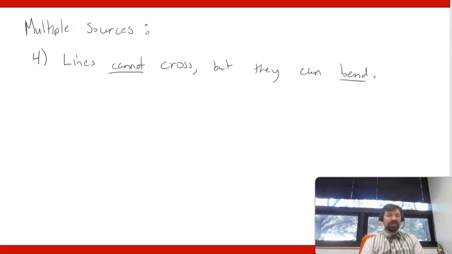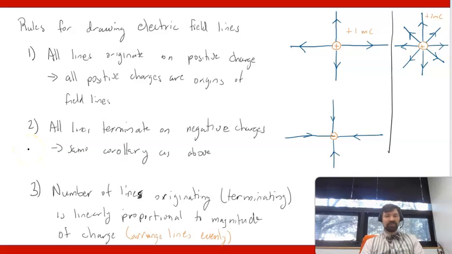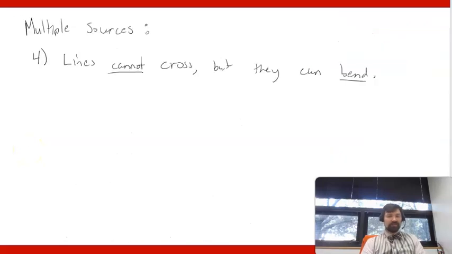So let's come back to this idea of plus charge and minus charge, and let's draw what would happen if I have both a plus charge and a minus charge in some region of space. So I'll put a plus charge here, I'll put a minus charge here.